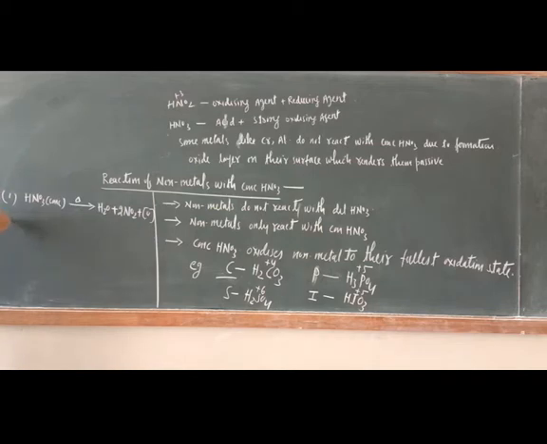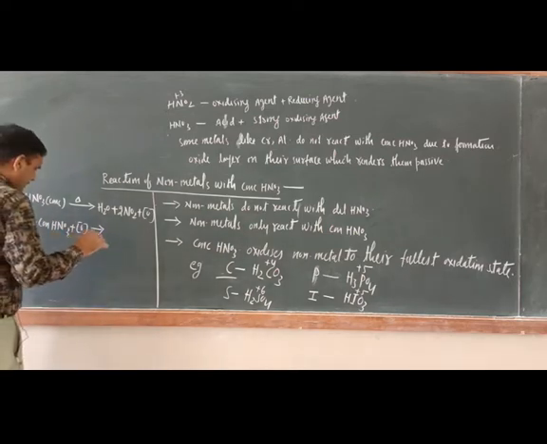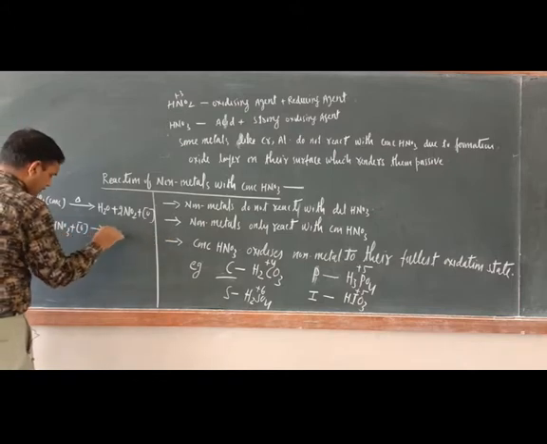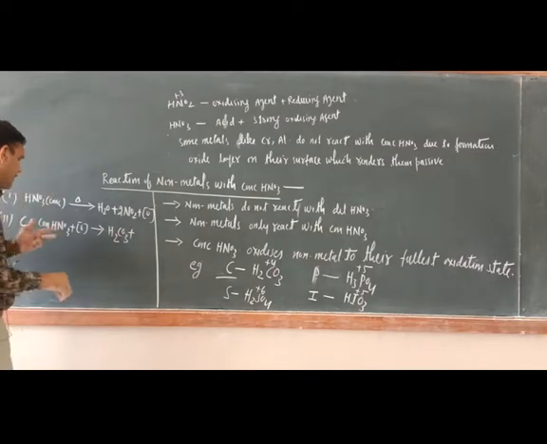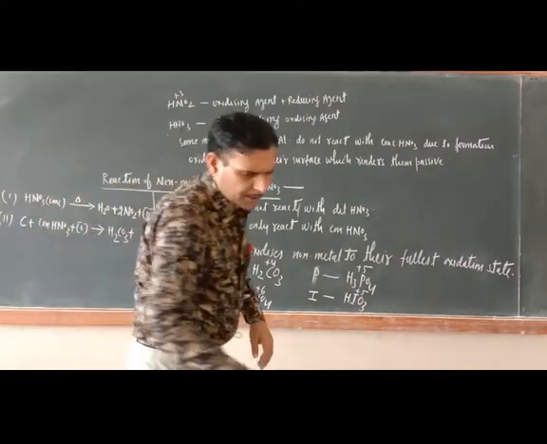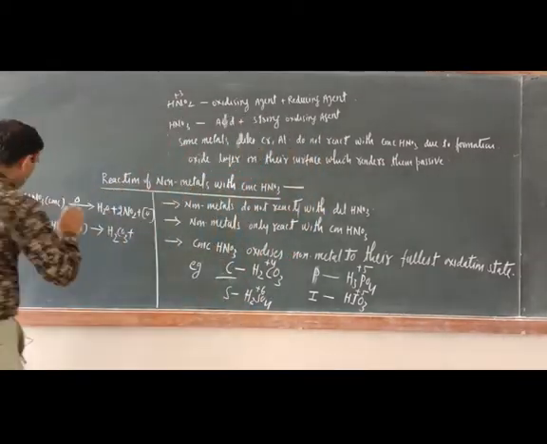Now the second step, I am taking carbon. Here you will write carbon plus conc. HNO3 plus the nascent oxygen which is furnished here. Then what would be there? The product will be H2CO3 plus the remaining product, which will be the same.